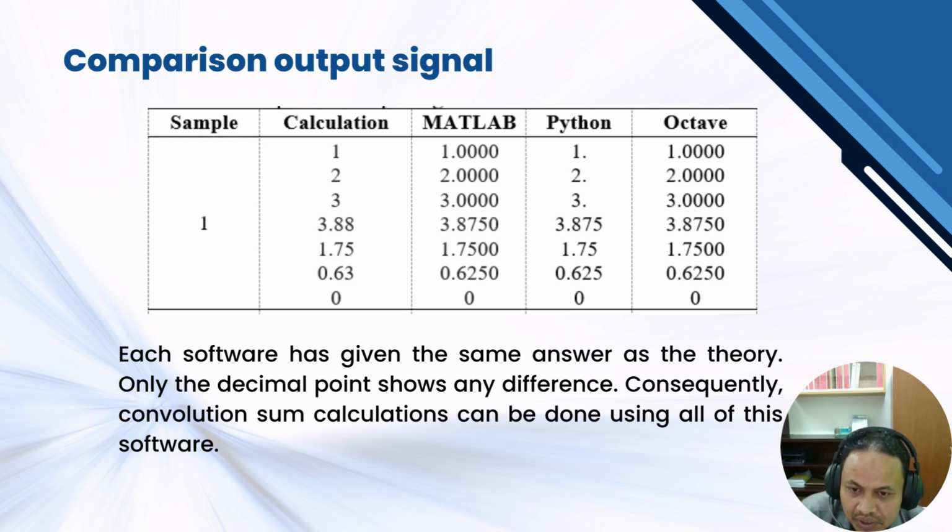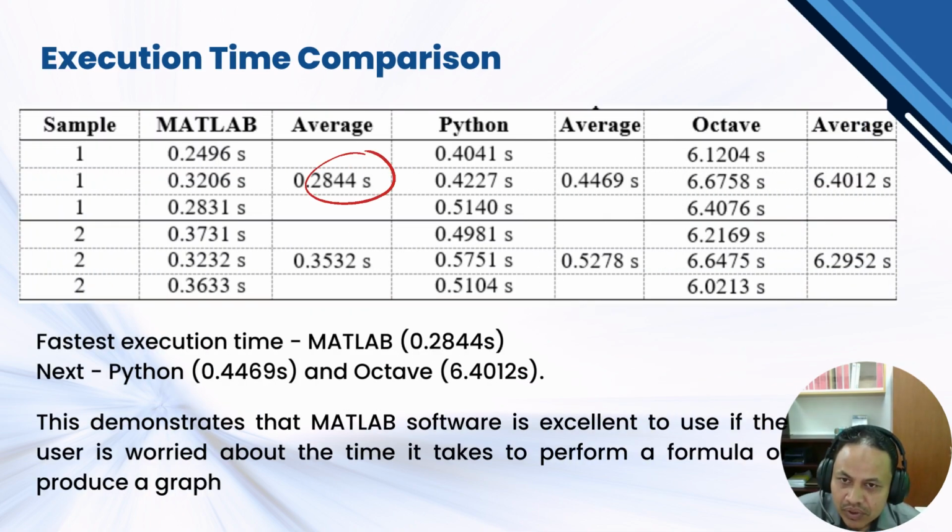From this table, we can see all the software and the calculation give the same answer, differing only in decimal points. To solve the convolution sum problem, we can use any software we want because we get the same answer. Now we compare the execution time.